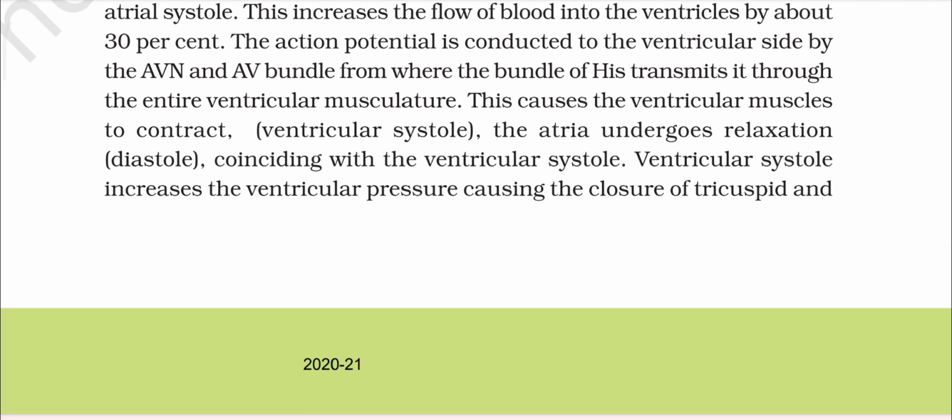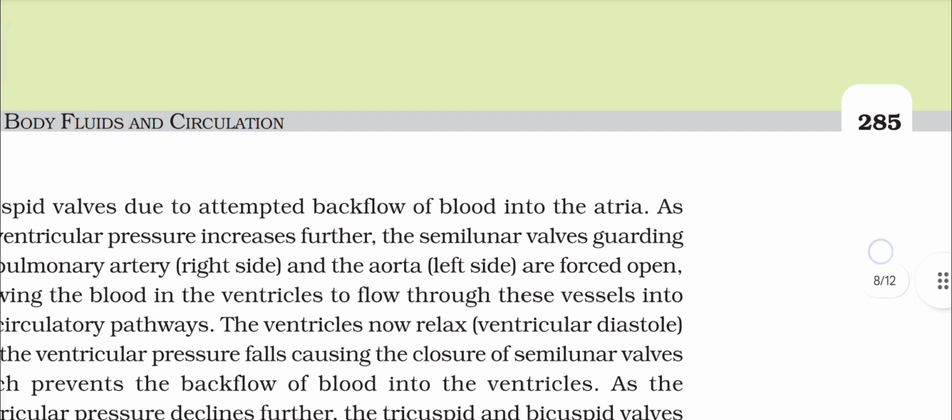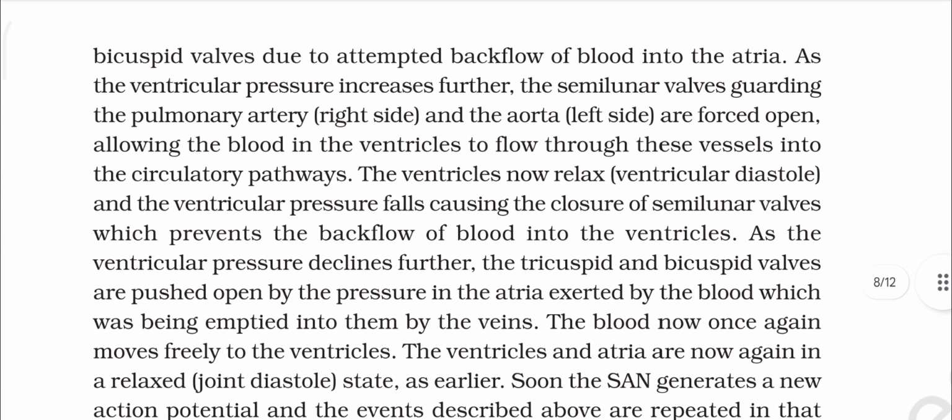Ventricular systole increases the ventricular pressure, causing the closure of the tricuspid and bicuspid valves due to attempted backflow of blood into the atria. As the ventricular pressure increases further, the semilunar valves guarding the pulmonary artery and the aorta are forced open, allowing the blood in the ventricles to flow through these vessels into the circulatory pathway.